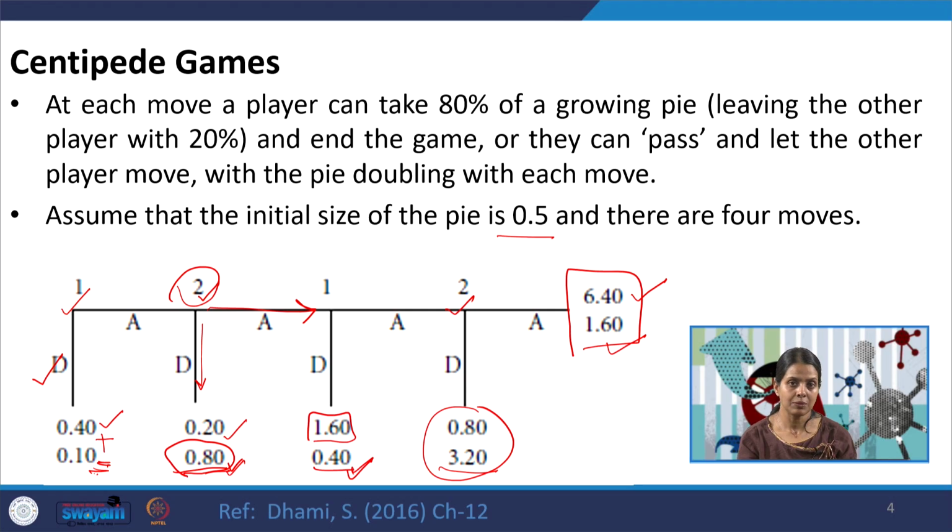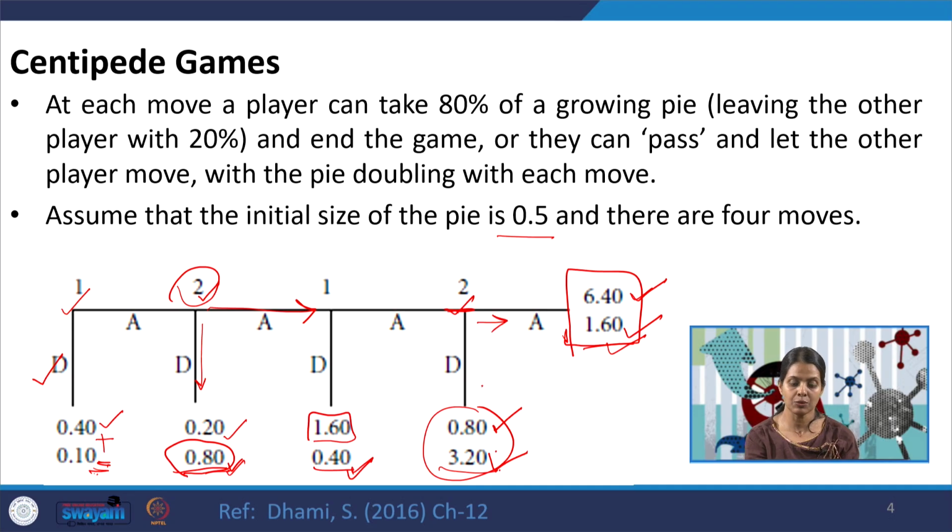Now, understandably, if we apply backward induction, you would see that player 1 would definitely be benefited here as compared to this position, because he was getting only 0.8 here, he would be getting 6.4 here, but player 2 will be getting 3.2 and here 1.6. So, why should he play across?